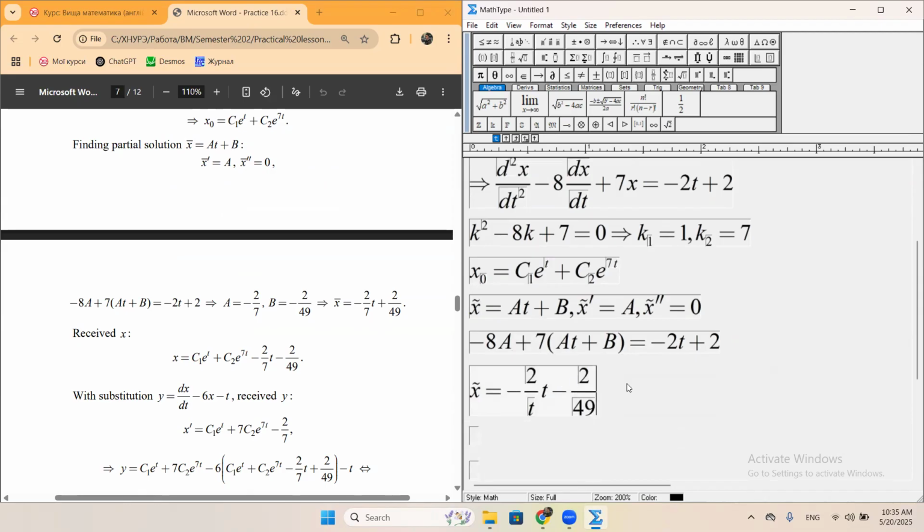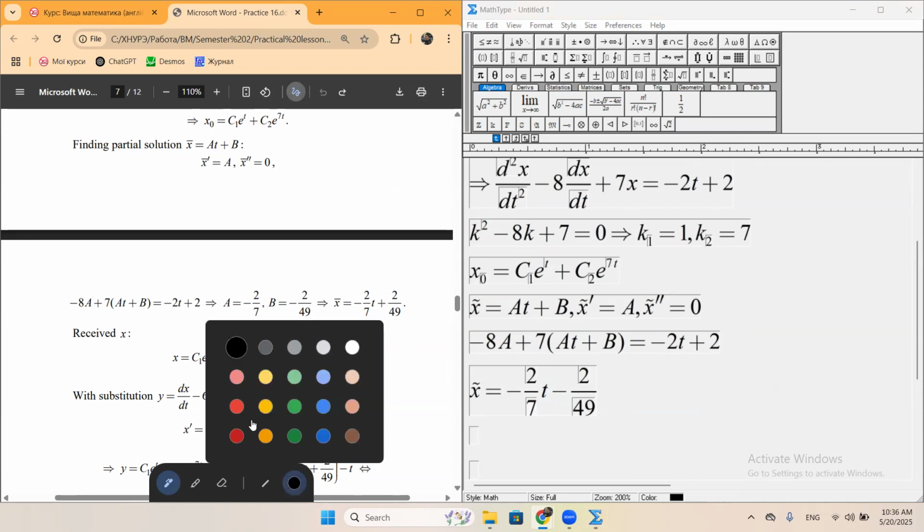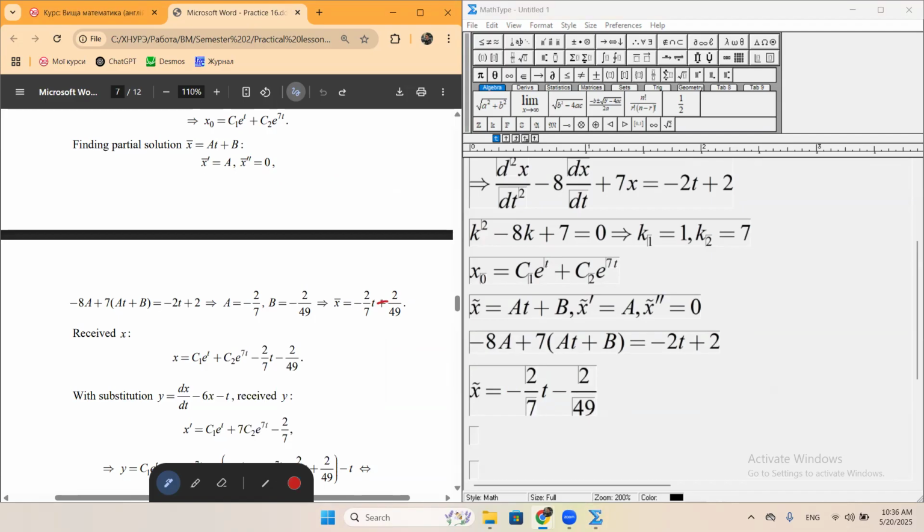Question? Yes, there was a wrong sign here, so it must be minus. Okay, let me use another color. So minus. Now it's correct.